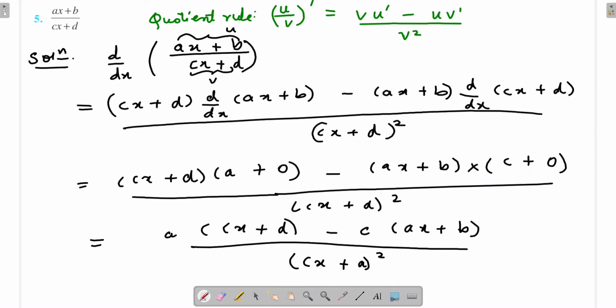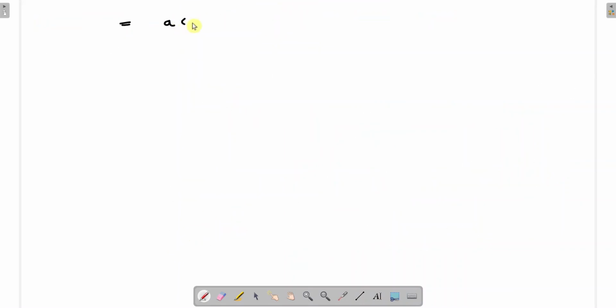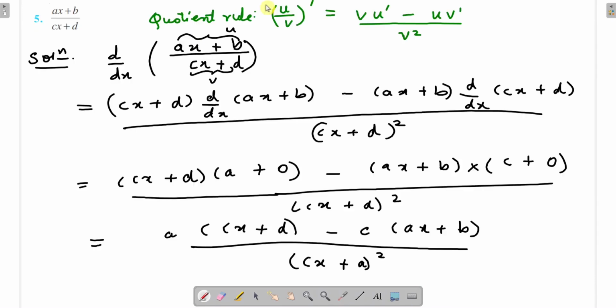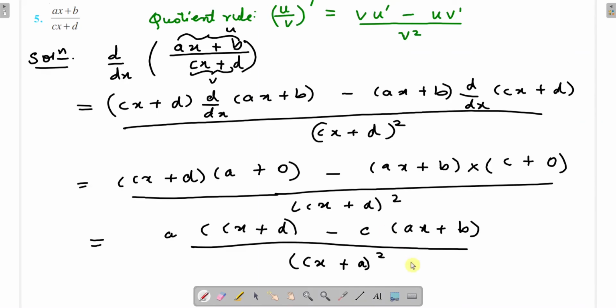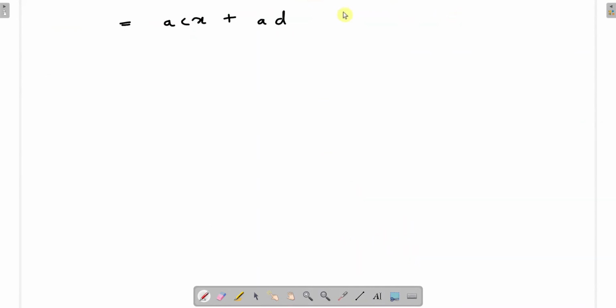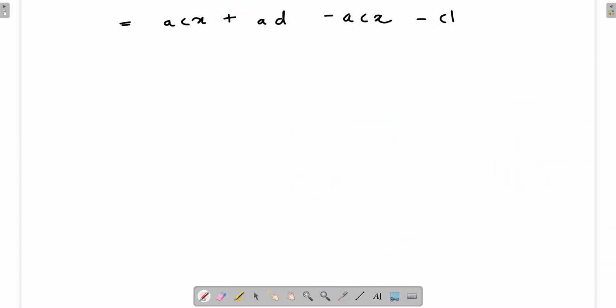So let us open the brackets in the numerator. What will we get? This will be equal to a times cx is acx, plus a times d is ad, and minus c times ax is minus acx, and minus c times b is minus cb, divided by cx plus d the whole square.